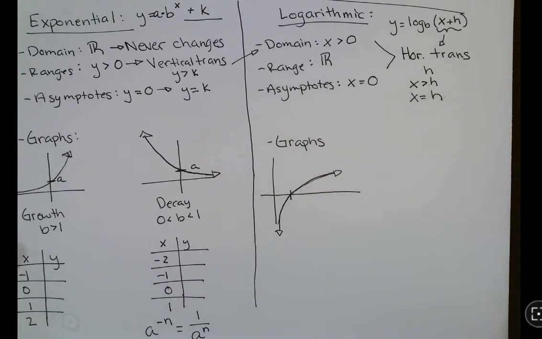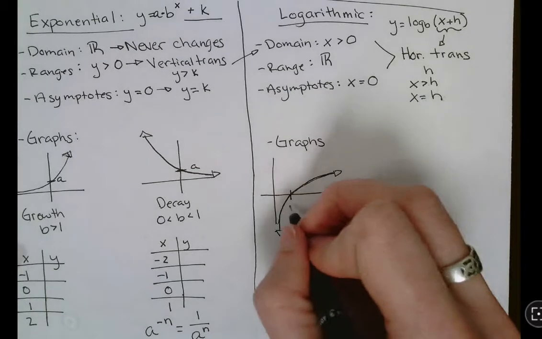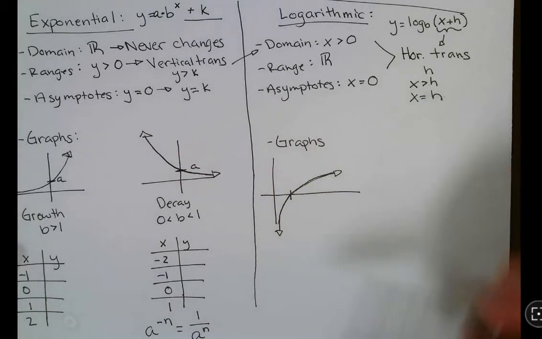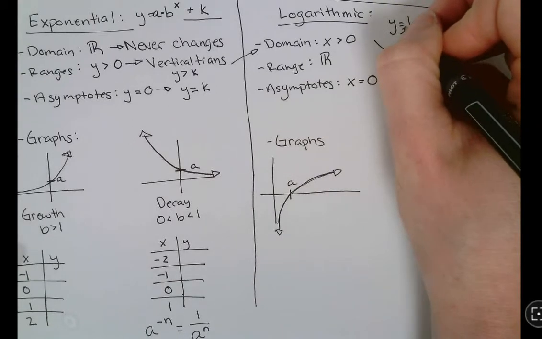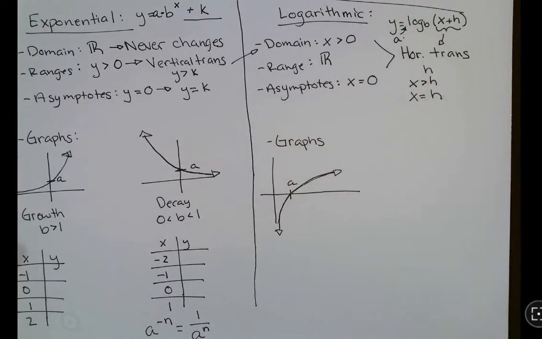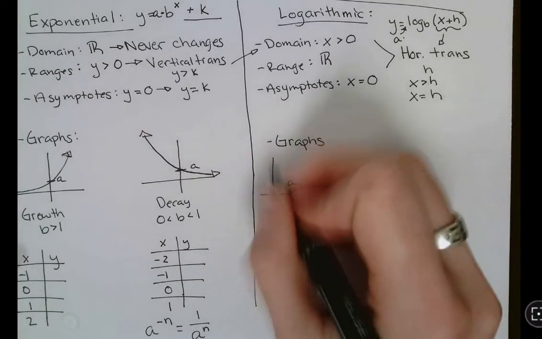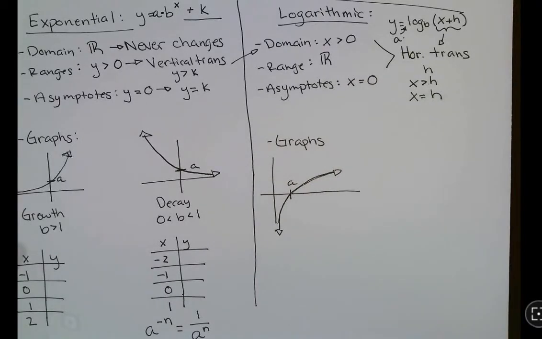It's going to cross typically at 1, but sometimes it depends on what it's being multiplied by, or that a value in the front. That would be up right here. Now, for logarithms, this would be our asymptote, our y-axis here, or x equals 0.